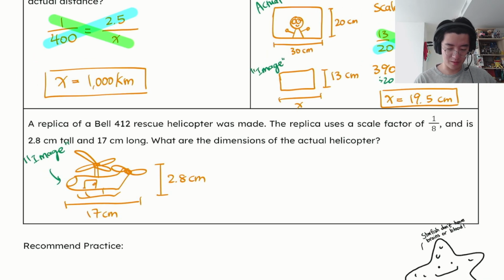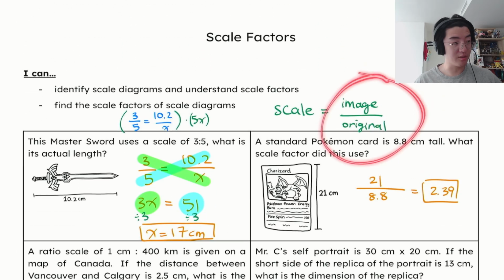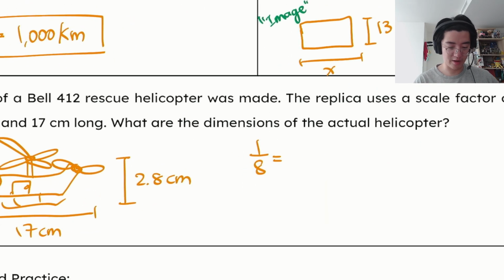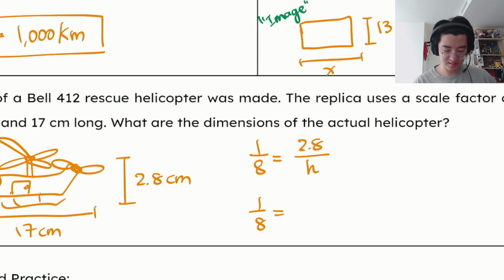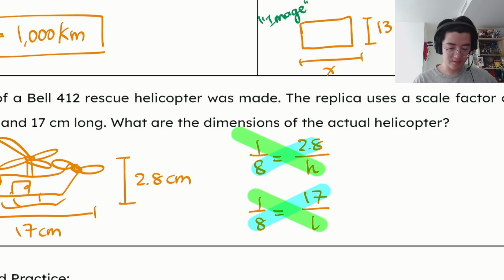So the scale factor is 1/8. Let's check the height first. Once again, as we remember, it's image over the original. So our replica or the image here, the height is 2.8, and then the height of the original is just h. We can do the same thing for length. Of course, we just cross multiply both of those. Very convenient numbers, because it's 1 over 8.